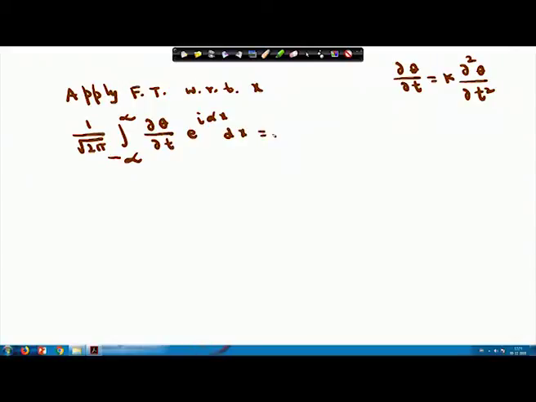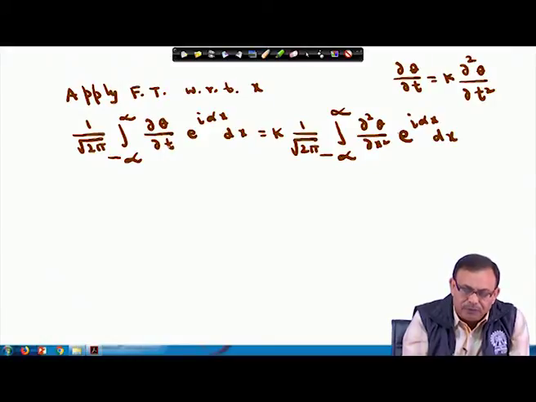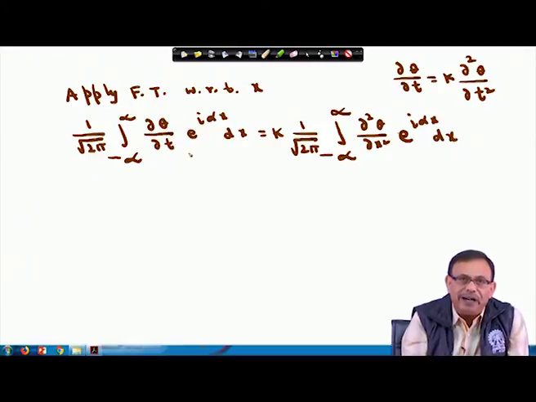So that it will be a function of α, and the right hand side will be k into 1 by root 2π, integral from minus infinity to infinity of ∂²θ/∂x² into e^(iαx) dx. Now, on the left hand side, this function is a function of α and t. Therefore, ∂/∂t you can bring outside, and I can make it d/dt.